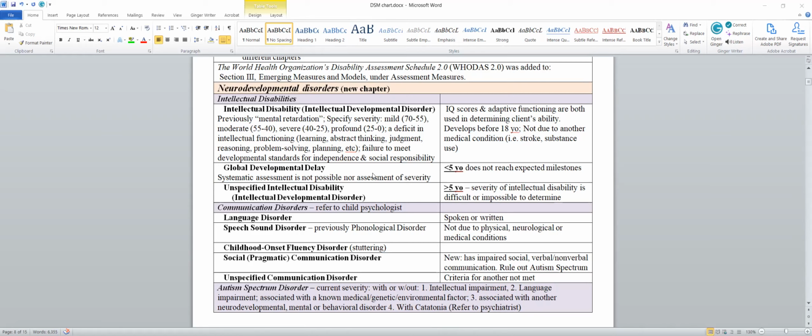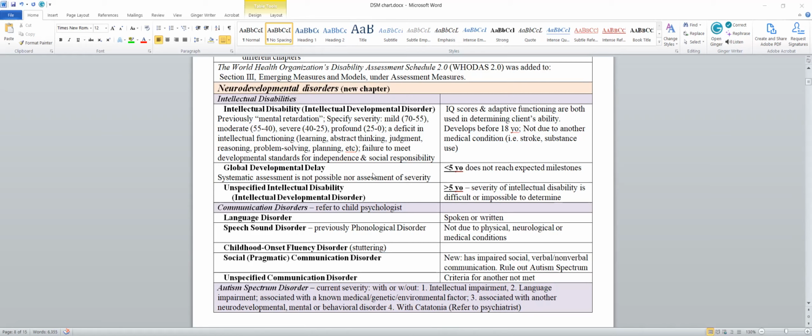On to the next subcategory, unspecified intellectual disability, in parentheses, intellectual developmental disorder, diagnosed under 5 years old. Severity of intellectual disability is difficult or impossible to determine.